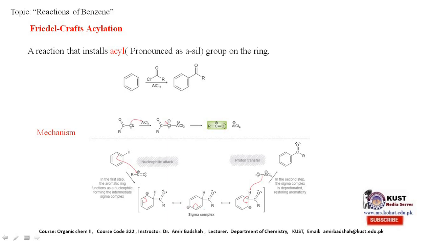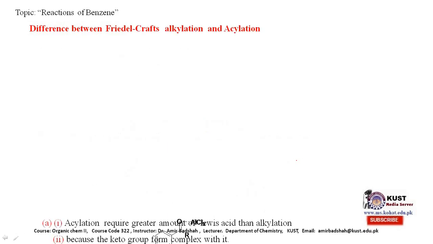Positive charge is delocalized, and in the last step the hydrogen is abstracted from the sigma complex, and the sigma bond is shifted towards the ring to restore aromaticity, and we get the acyl substituted product as a result of this reaction.